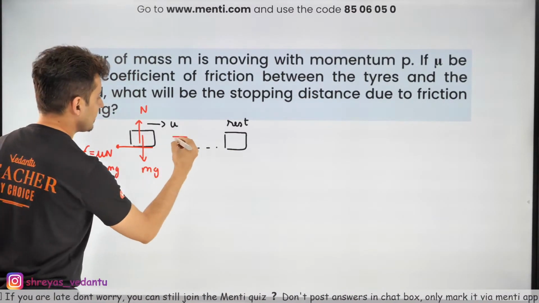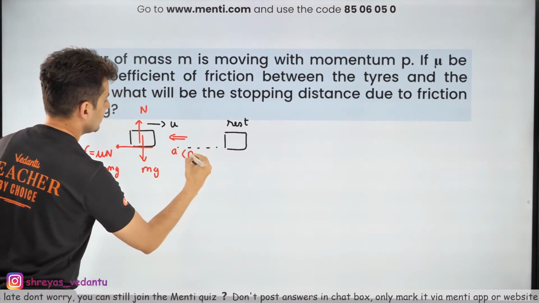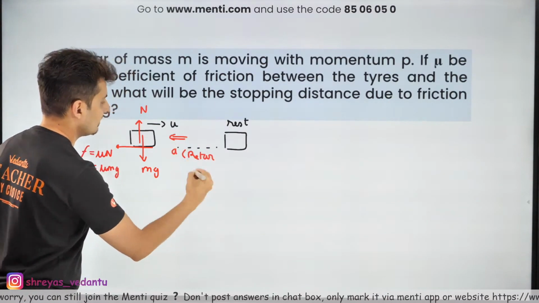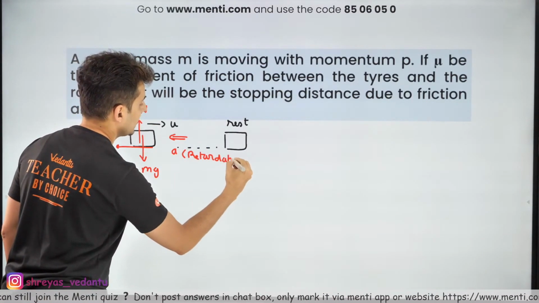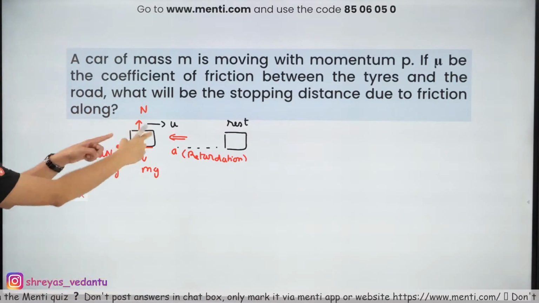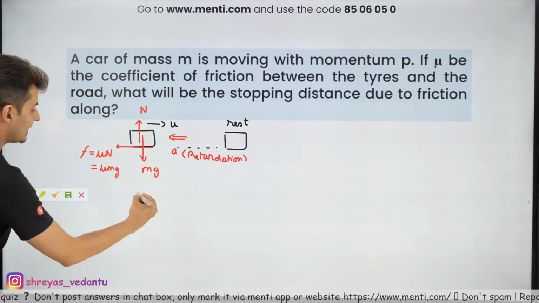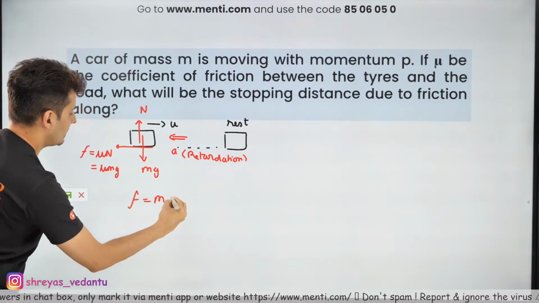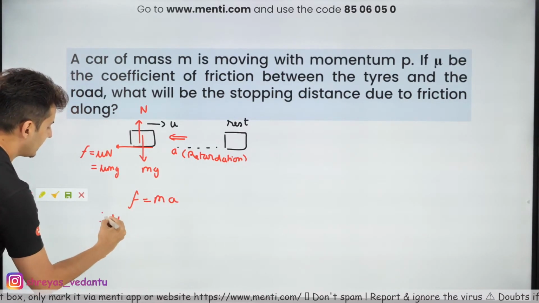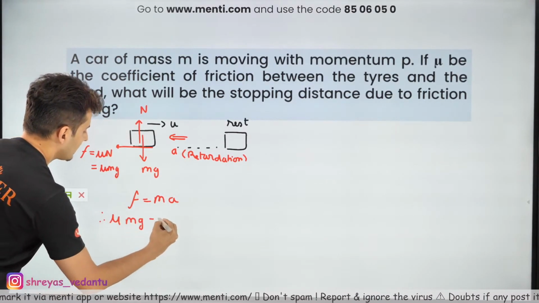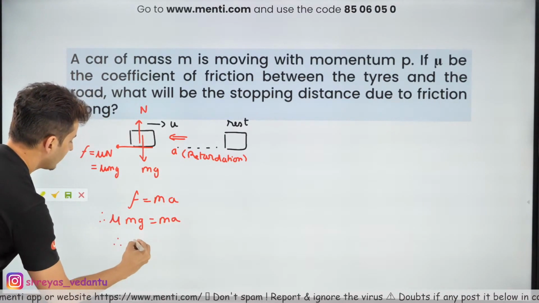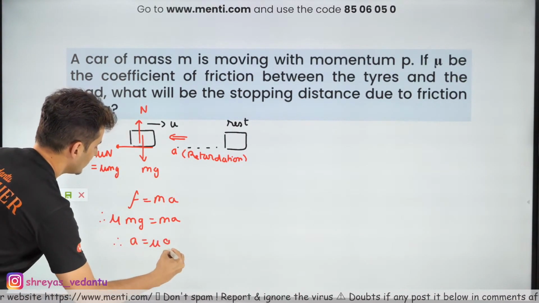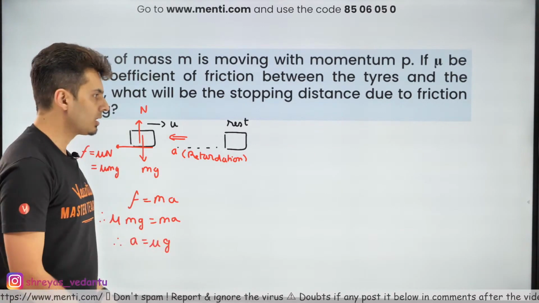This will cause retardation or deceleration. So by Newton's law, I can say F is equal to, the only force in the horizontal direction is m into a. Therefore, I can say mu mg is equal to ma. Therefore, acceleration is mu g, or deceleration is mu g.